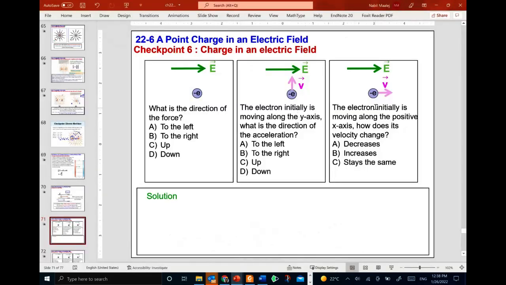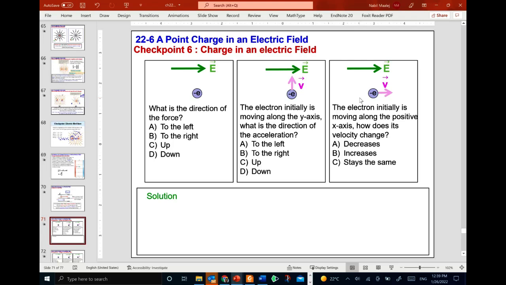You can see here this is a velocity. The electron has an initial velocity, but the electric field is to the right, so there must be a force to the left. If the force is to the left, the acceleration is to the left. If the acceleration is opposite to the direction of the velocity, will the velocity increase or decrease?